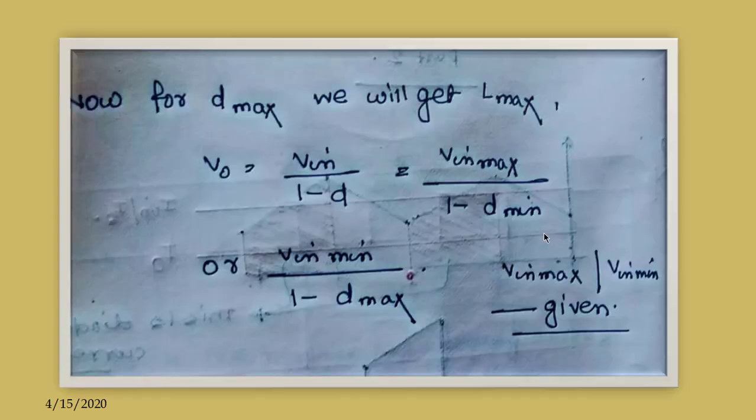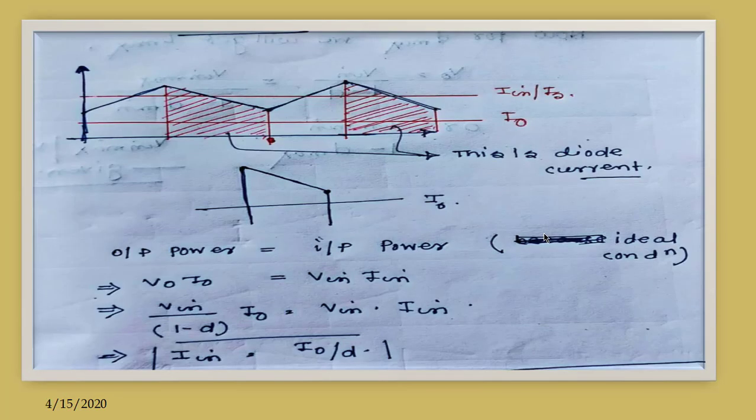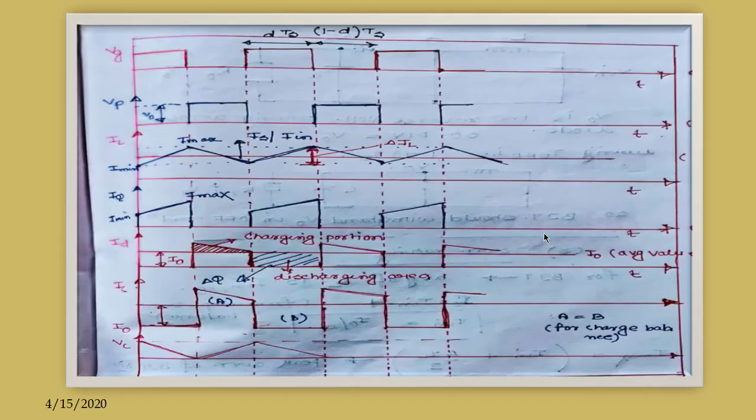So if we see the waveform, this is the waveform of pole voltage Vp, and this value is V naught. So when BJT is on, that is short circuit, the voltage is 0, and when BJT is off, the diode starts conducting and the output voltage appears across the pole, and at that time Vp equals V naught, right?